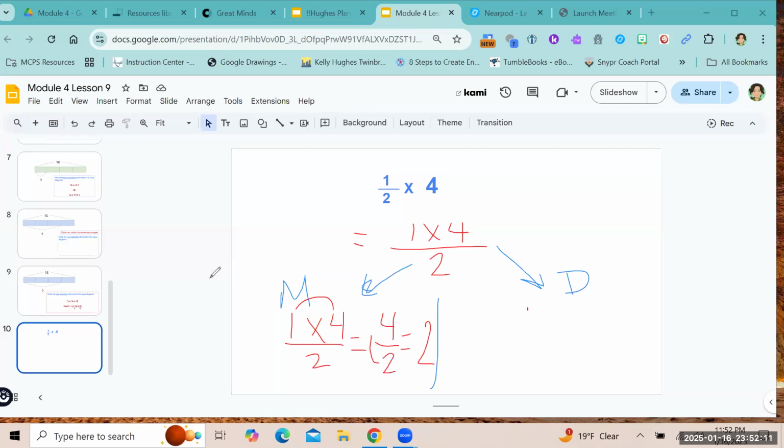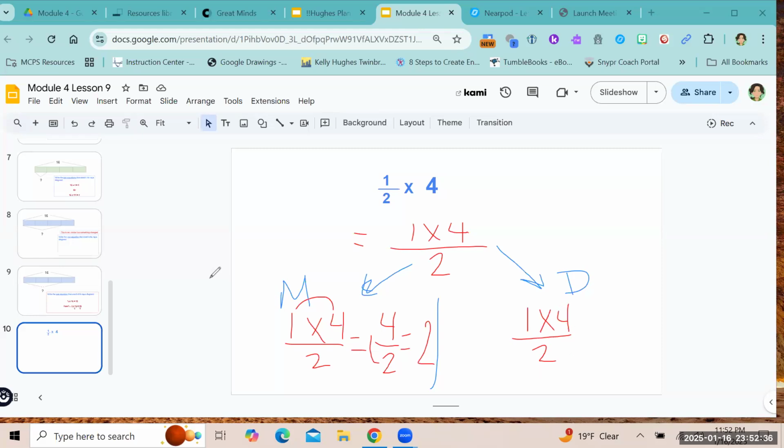If I do the opposite and I divide first, I'm supposed to look for commonalities. So if I look at my 1 divided by 2, that won't do anything. 1 divided by 2 is 1/2, and that's what that looks like. So 1 can't be divided by 2. But if I look at 4 divided by 2, I see that I can actually do that.